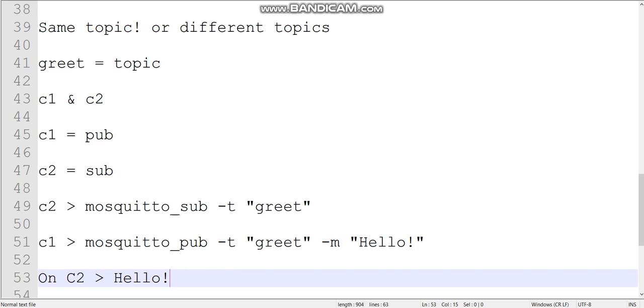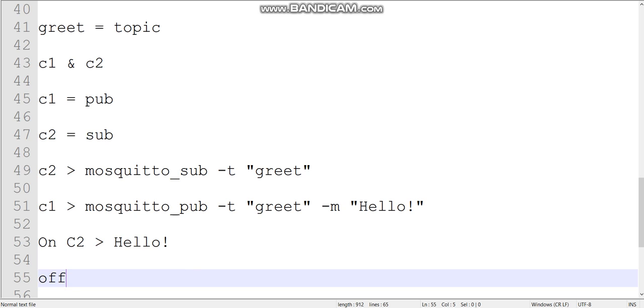And one thing, guys, not every one of you is familiar with the command prompt. It is not possible for us to demonstrate this live on command prompt, but if someone wants to try this on command prompt, there are a lot of tutorials available. There is official documentation on Mosquitto MQTT.